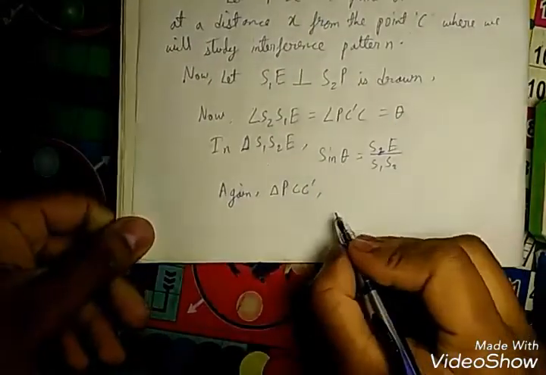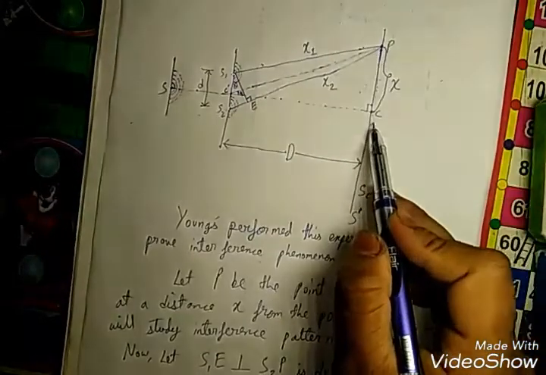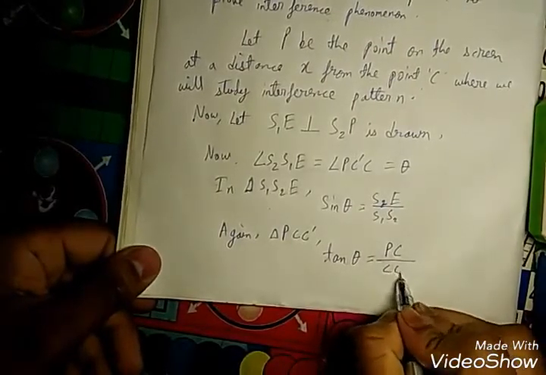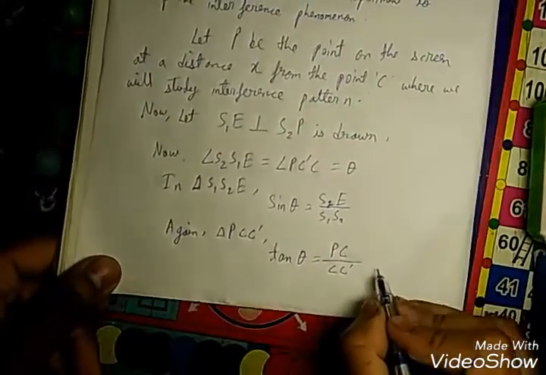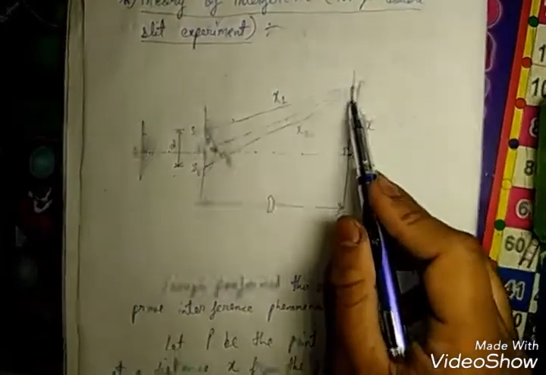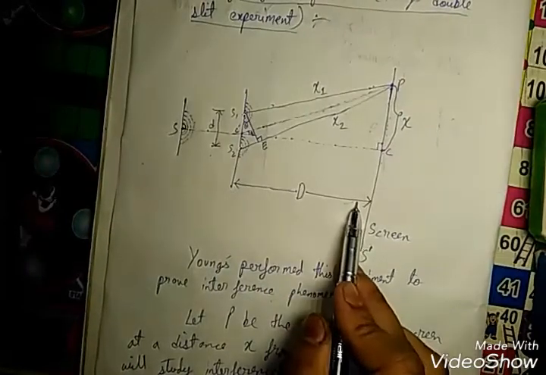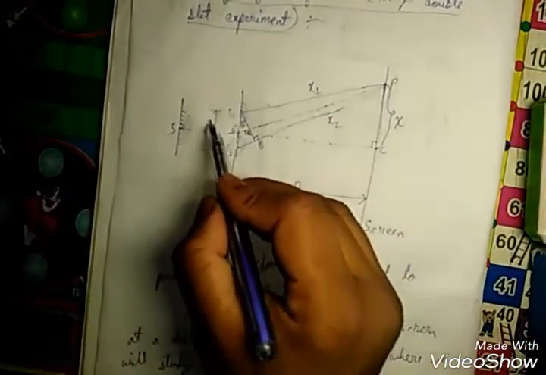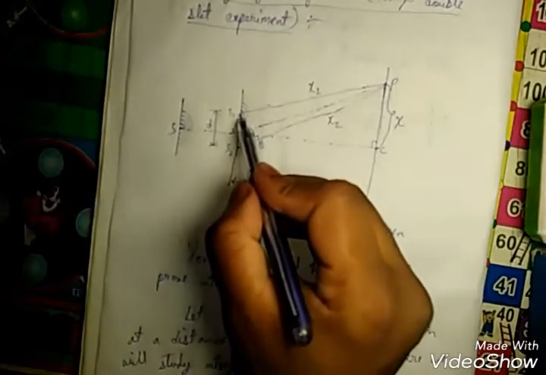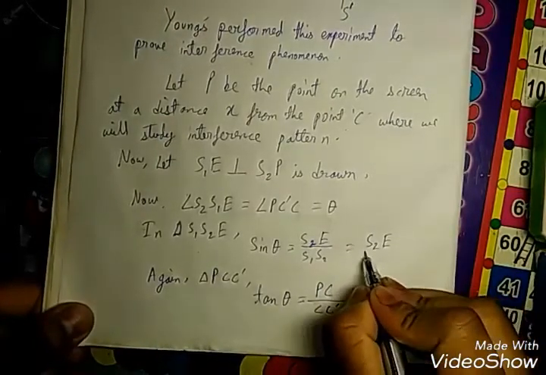So here we will get tan theta is equal to PC by C dash C. Here PC is equal to x and C dash C is equal to the distance D. Also, in the above equation, S1S2 we can write as small d, because it is the distance between the two slits. So sin theta is S2E by small d.